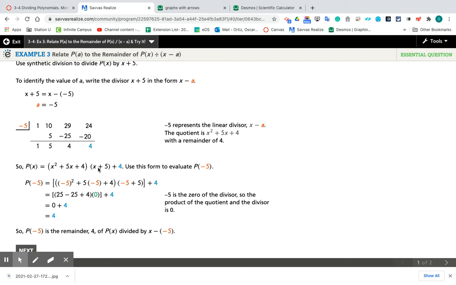And if you replace the x by negative 5, what I was pointing out before was that this is 0, and 0 times whatever, so I don't even care what this number is, all this multiplication will be 0, and 0 plus 4 is 4, so your final answer is going to be 4.